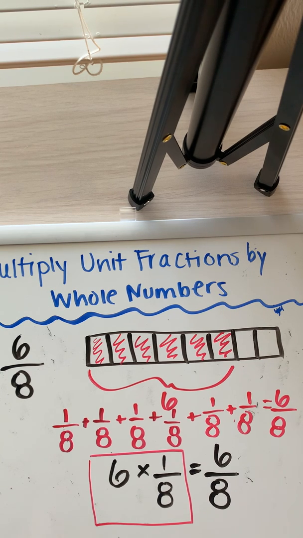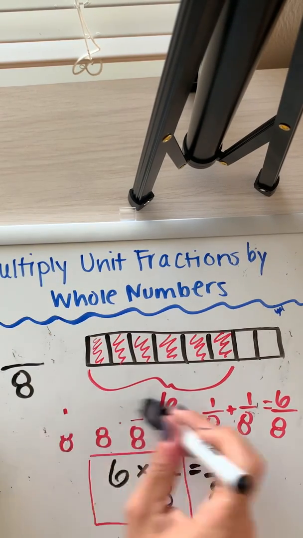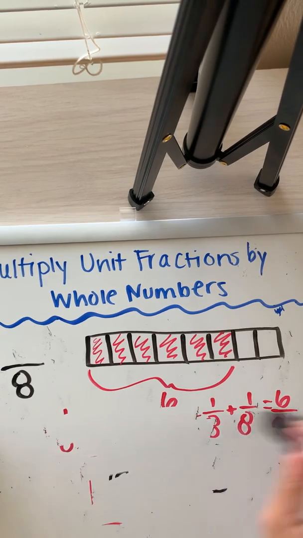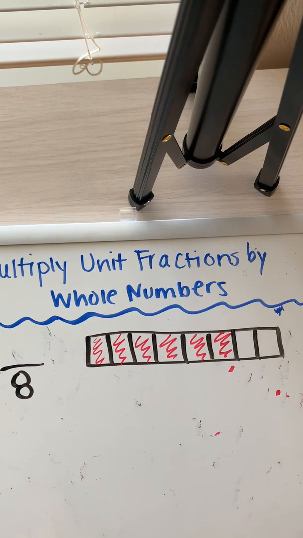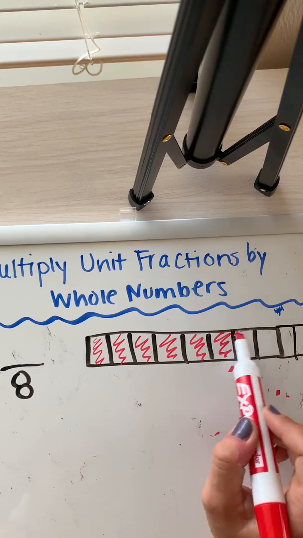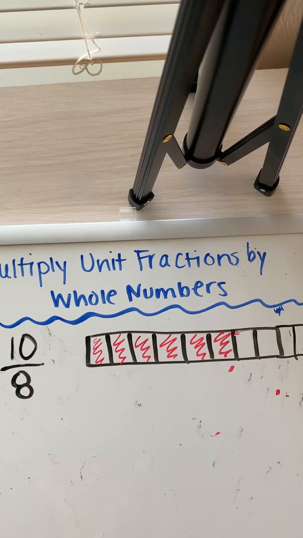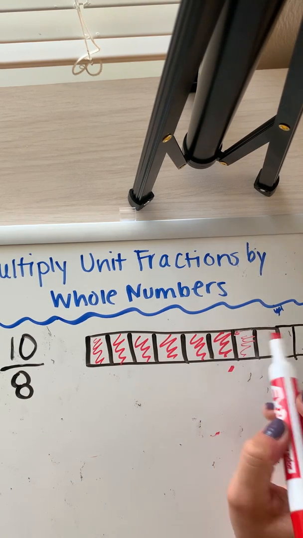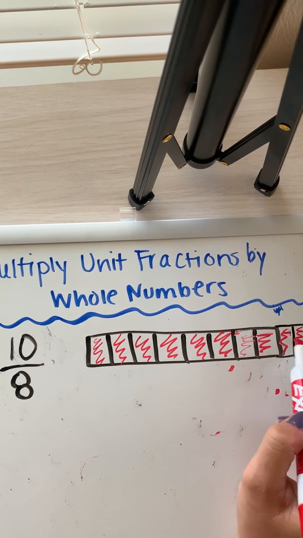This also applies to improper fractions. So let's say my fraction was 10/8. So I would have 2 more boxes over here. If I color in my 10/8, now I'd have 10 boxes filled in.